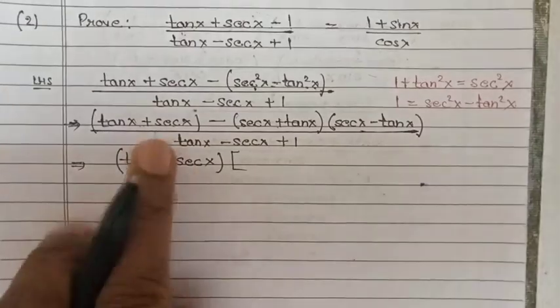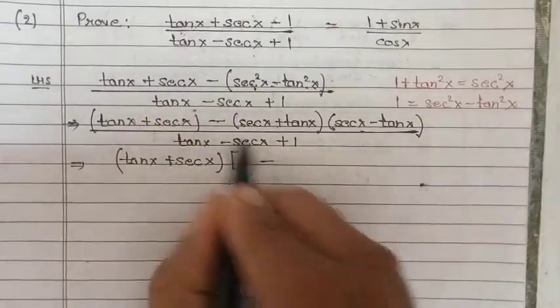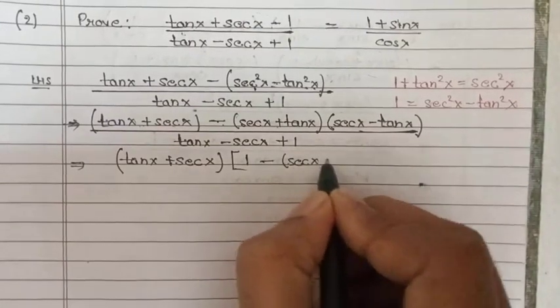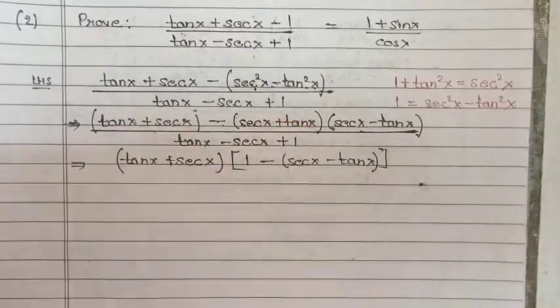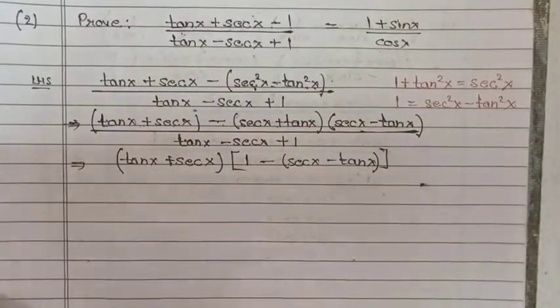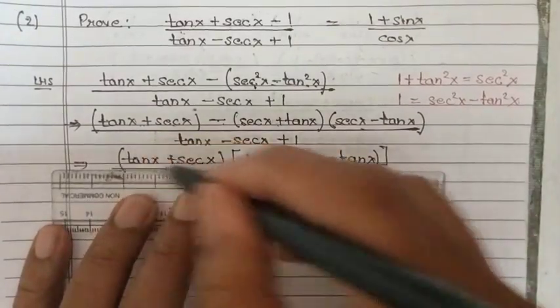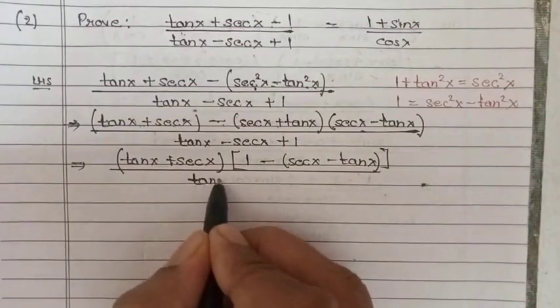So what we will be left with from here is 1, then minus sec x minus tan x. So in the numerator part we have taken sec x plus tan x common. Denominator as it is.